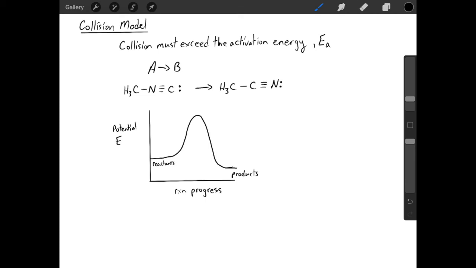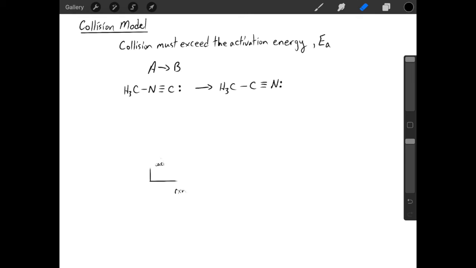So what's happening that causes that large increase in potential energy in the middle? It happens because a reactant doesn't immediately transform into our product. It has to move through a transition state along the way. So we see something like this happening.